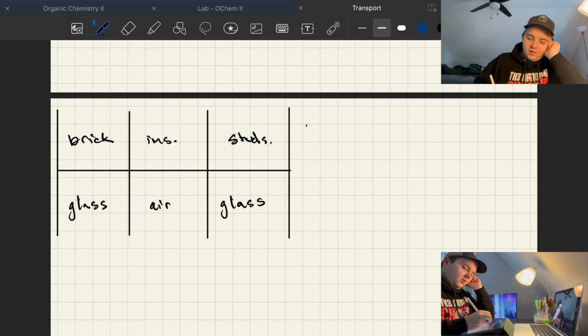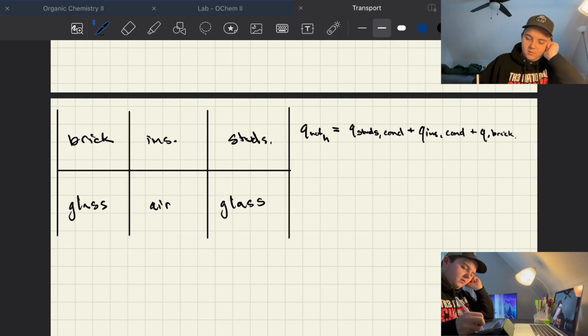So to find our Q net house, that's going to be equal to, we can start with a stud. We can do Q studs by conduction plus our Q insulation conduction plus our Q brick conduction.